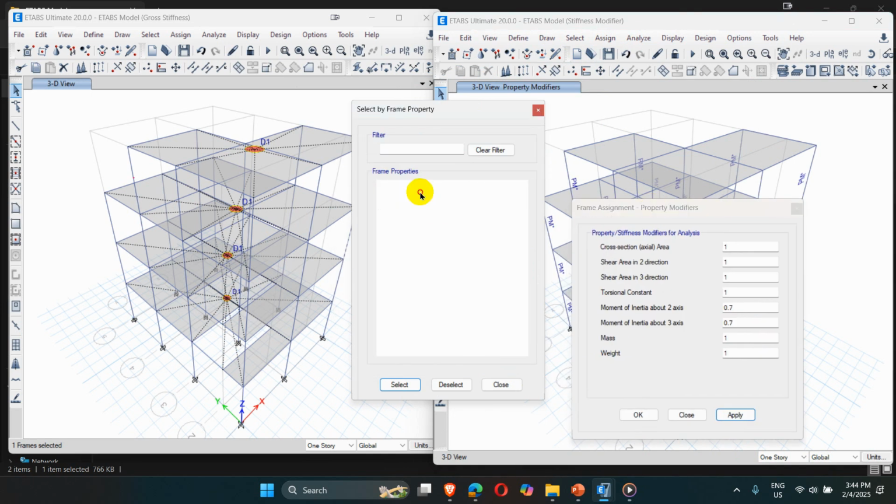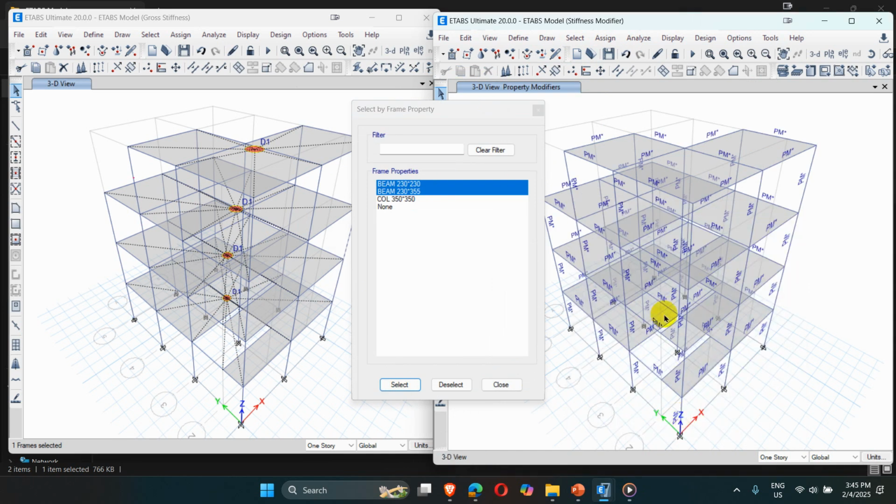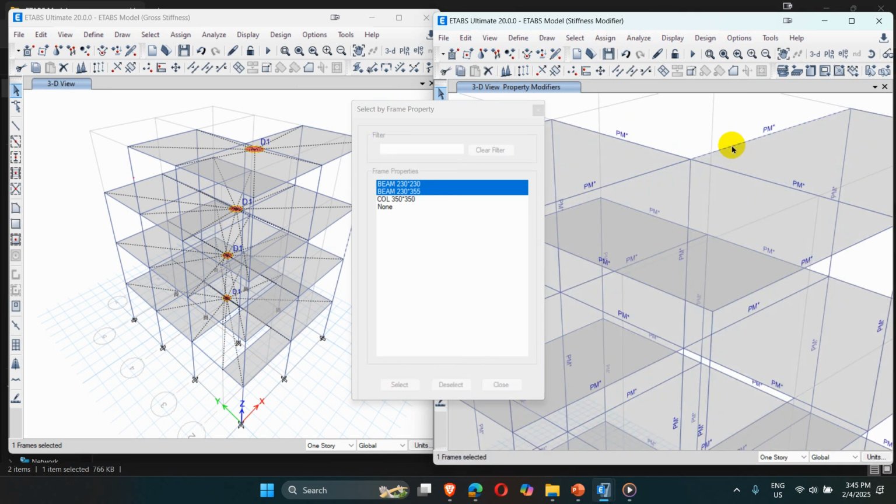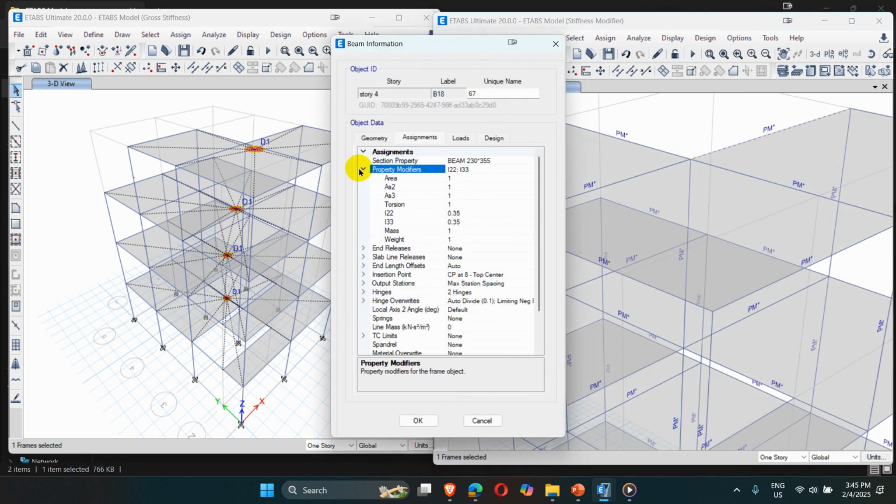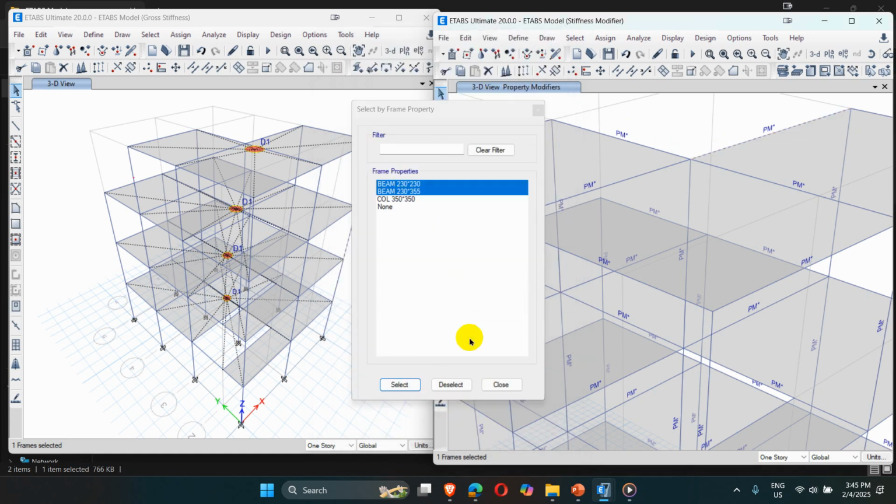Similarly, let me select the main beam and secondary beam, 0.35 and 0.35 for beam. If we click here, we see clearly the property assignment of 0.35 along the 2 and 3 axis for the beam and column elements.